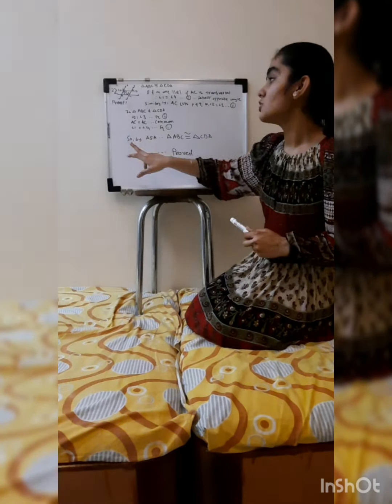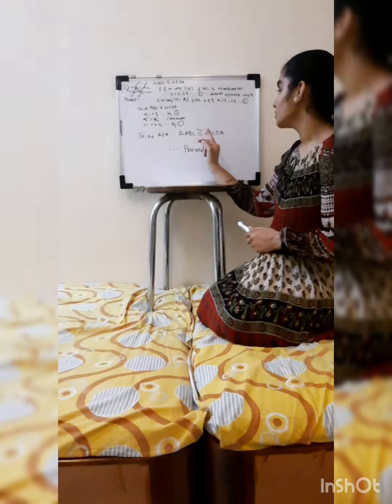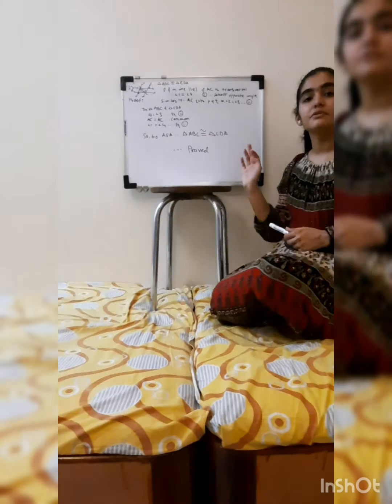So by criteria ASA, triangle ABC is congruent to triangle CDA, and hence it was proved.